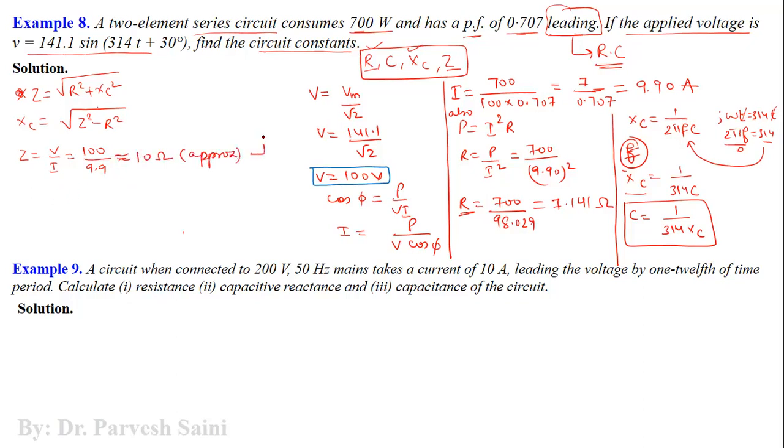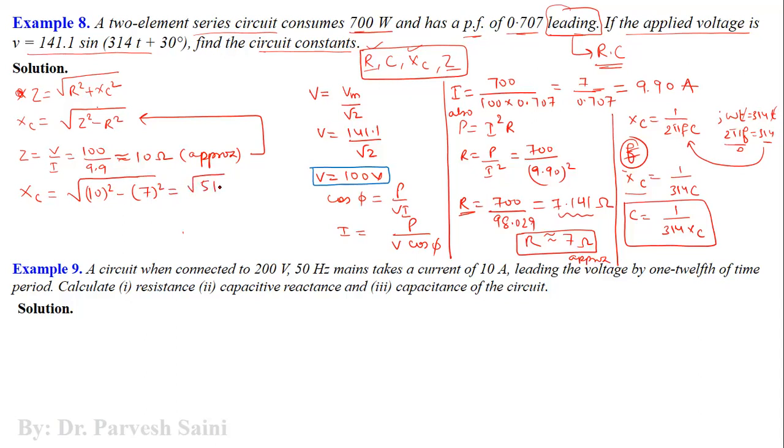value. Now we will put it here. We will see what is Xc. Xc is under root 10 square minus, now R is 7. So we will take it as 7 ohm approximately. So this can be assumed as 7 ohm. So this is 7 square and it is equal to under root 51.